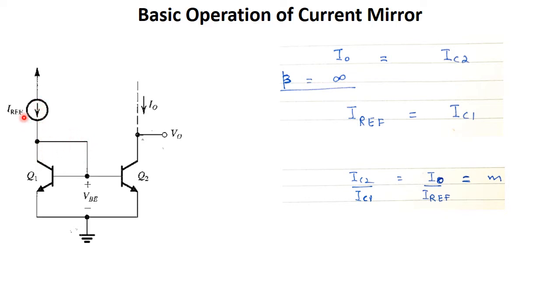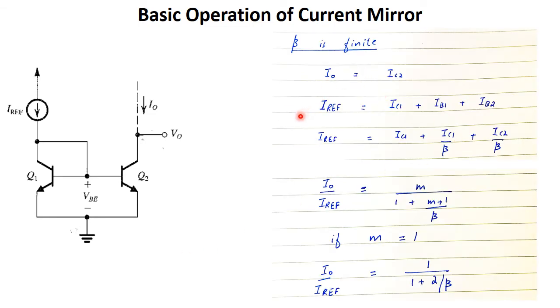No current is flowing over here, so all current flows through the collector of Q1. The ratio IC2 to IC1 is I out over I reference. This is because I out is the same as IC2 and I reference is the same as IC1, and this is equal to M, the constant, which is the ratio of dimensions of both transistors.